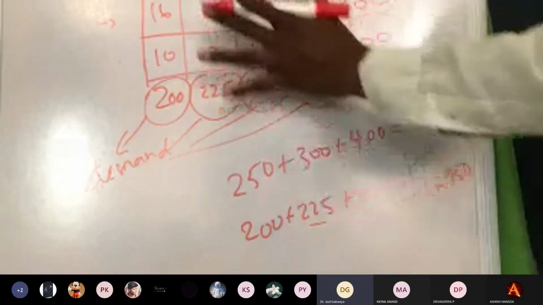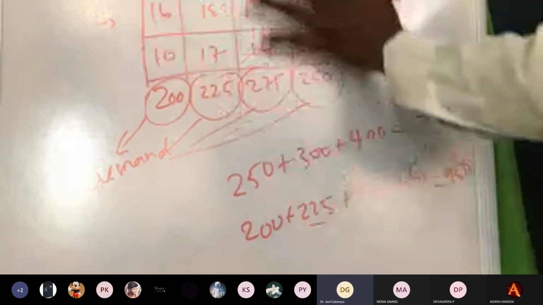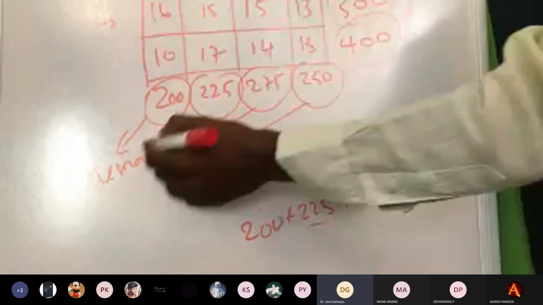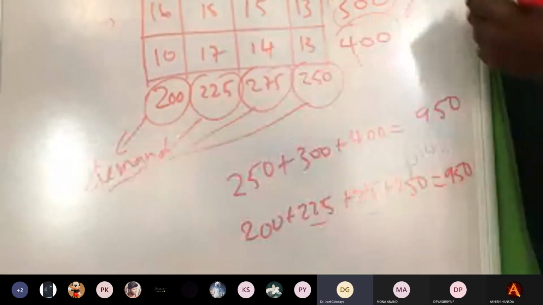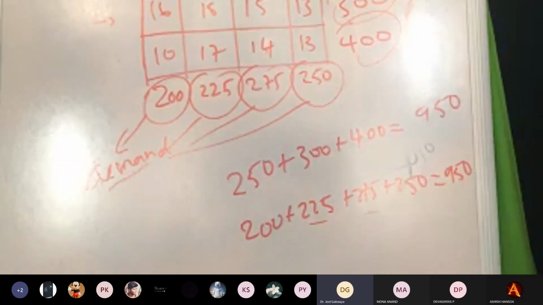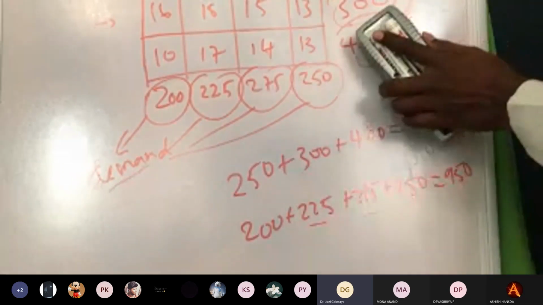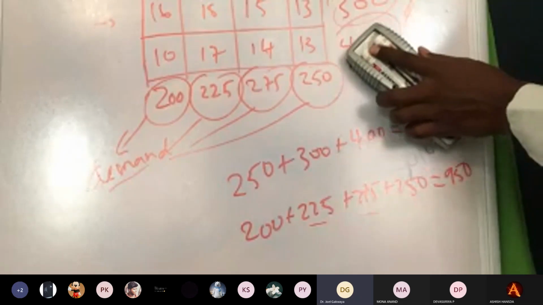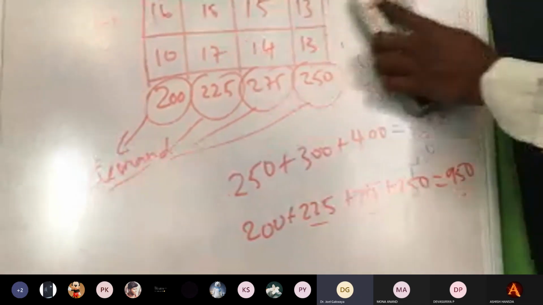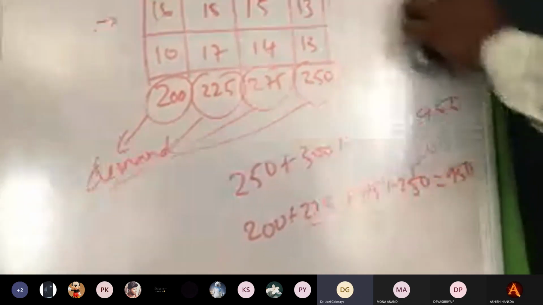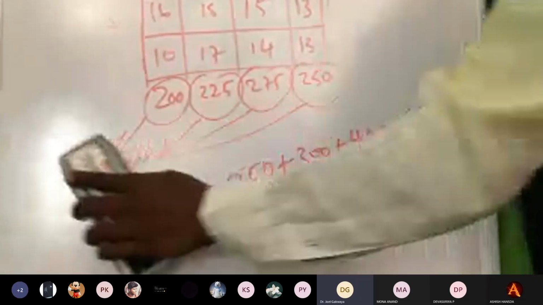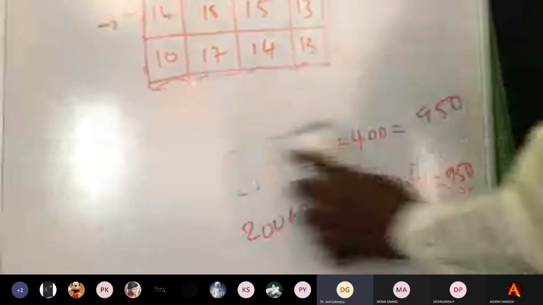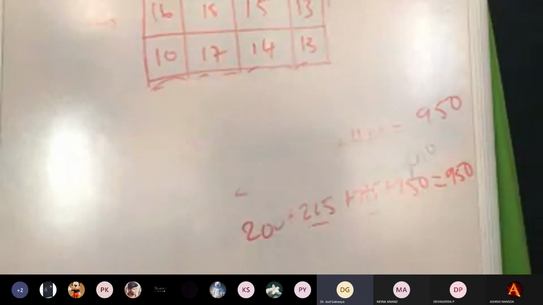This problem which you have is balanced because the demand and the supply are equal. So there is a method which is called the northwest corner method.